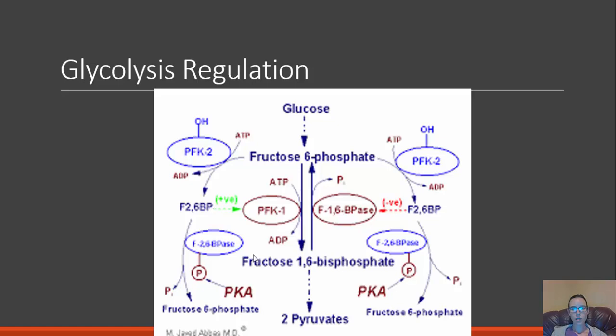However, when it's phosphorylated, the enzyme is the F2,6BPase, sorry, and the enzyme no longer exhibits the kinase activity of PFK2, and it results in the hydrolysis of F2,6BP to F6P and an inorganic phosphate.